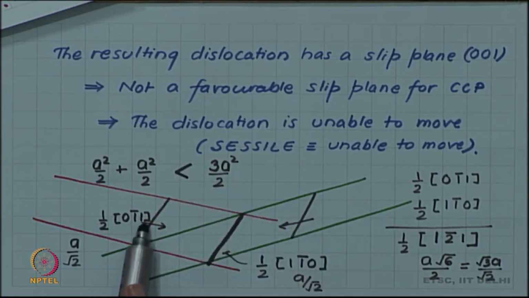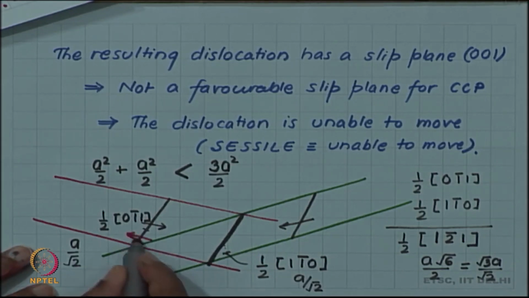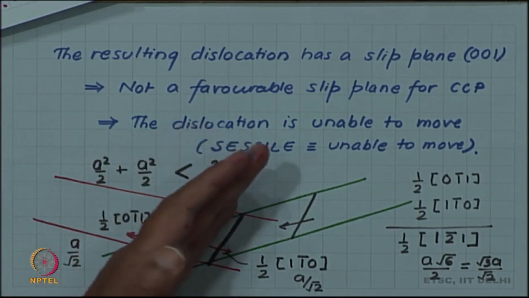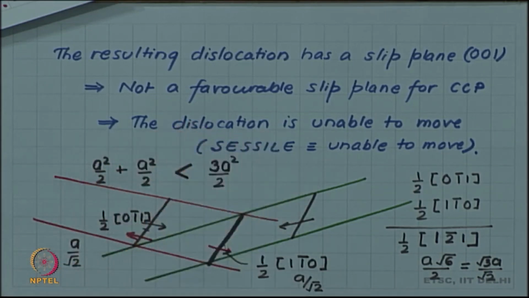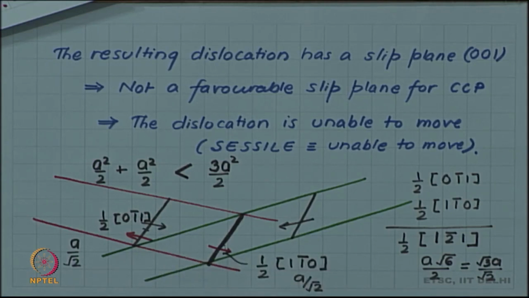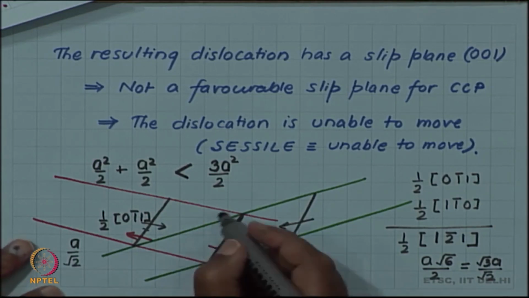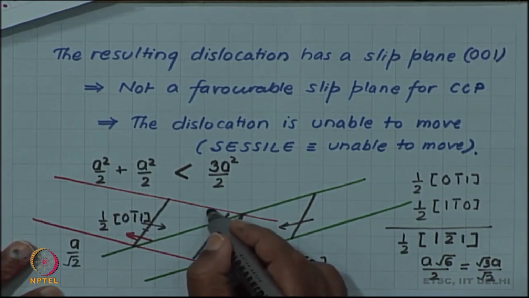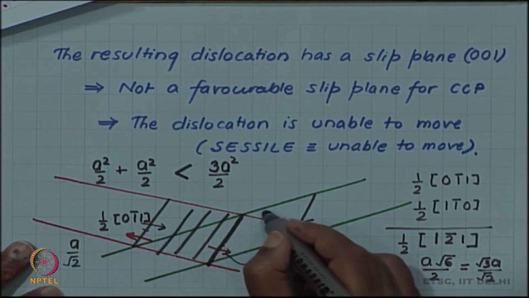So, this dislocation now will not like to combine with this dislocation, or in other words these dislocations feel a repulsion. So, this dislocation will not like to move towards this sessile dislocation and get combined. So, not only is this sessile dislocation unable to move, it will start stopping the other dislocations which are coming on the same slip plane towards it. So, there will be what is called a dislocation pile up.